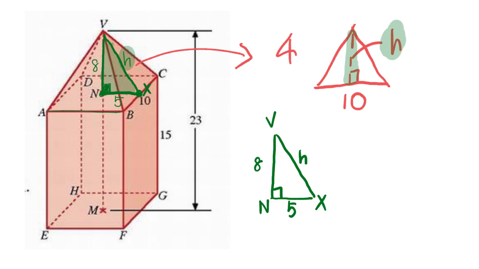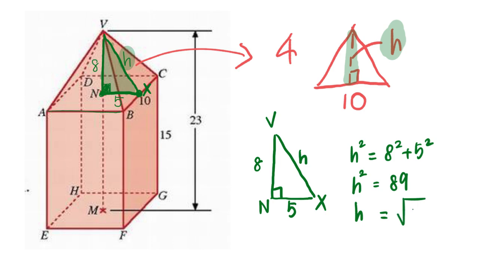Stepping on our knowledge of Pythagoras theorem, h square would be equals to 8 square plus 5 square, and therefore h square is equals to 89, and I will get my h, which is the square root of 89. I leave it as it is, because then I can get my area of these 4 triangles relatively easily. So that's the first part.